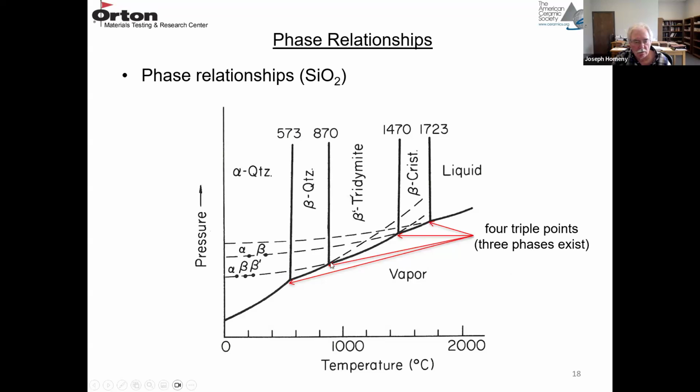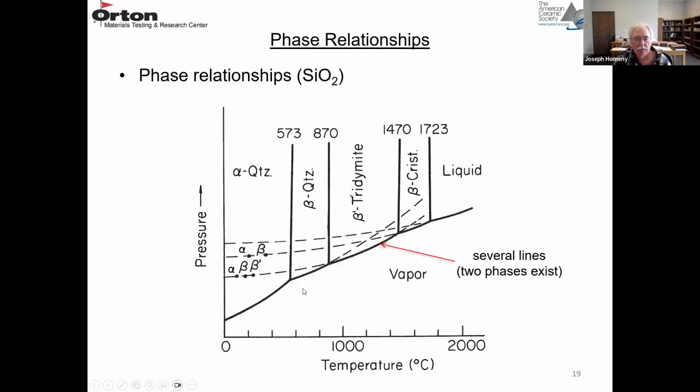These points are triple points where we have three phases. So this point here is liquid, beta cristobalite, and vapor. And then this point here is alpha and beta quartz and vapor. And then the lines are two phases. So this vertical line is beta quartz and beta prime tridymite.